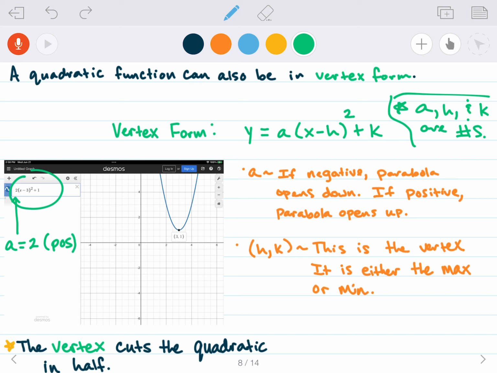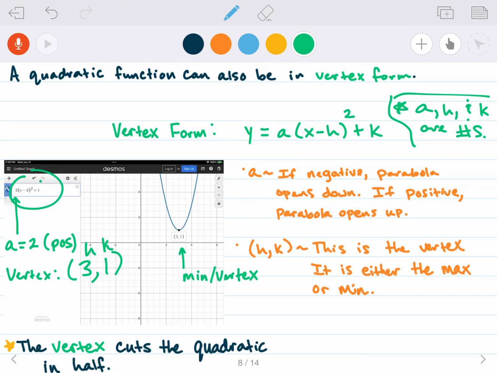And the other thing we can see is that the vertex, the 3 is our h, and the minus isn't included because the minus is already in the formula, all right? So the vertex here is going to be h, which is 3, and k, which is this constant number at the end, as we can compare it to this formula, is 1. So this is h comma k, and we can see from the picture that that is our minimum. That's our vertex. So the vertex is either the minimum or the maximum.